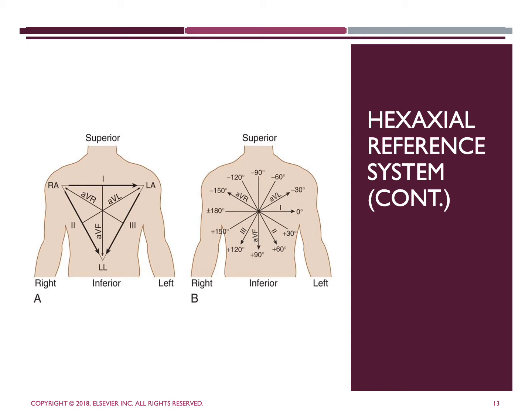If the electrical force is parallel to a given lead, the largest deflection in that lead is what will be recorded. Now, if the electrical force is perpendicular to a lead axis, the resulting ECG complex will be isoelectric or equiphasic or both in that lead.